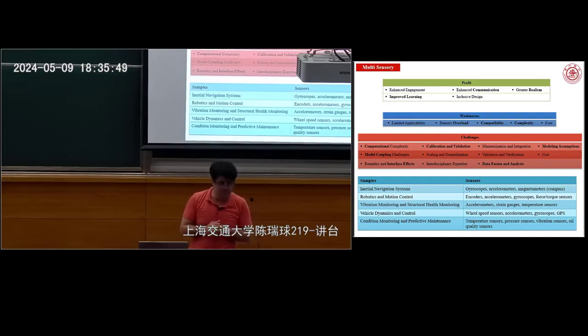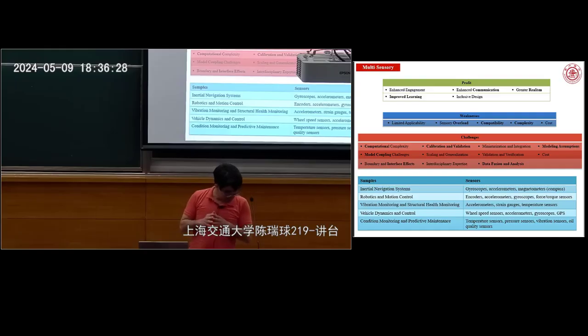What are the weaknesses in multisensory when you want to use different sensors at the same time but separately? For example, overload. Compatibility is another challenge or maybe limitation for you, or complexity and cost. About the challenges, calibration and validation are the first items you have to do well, if you want to have exact data or the best data.